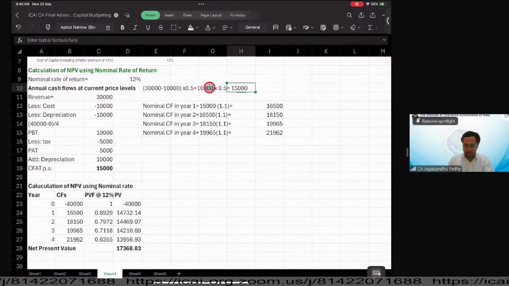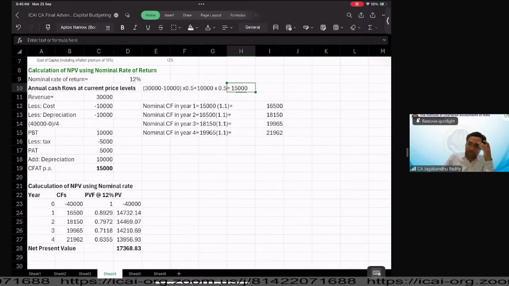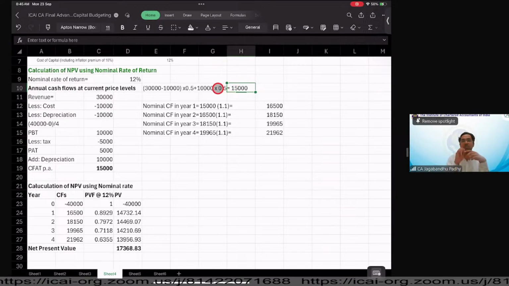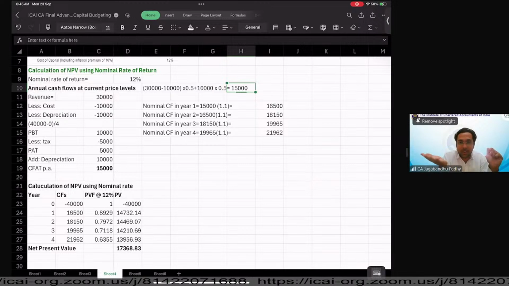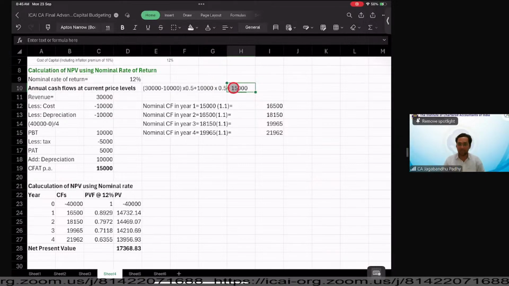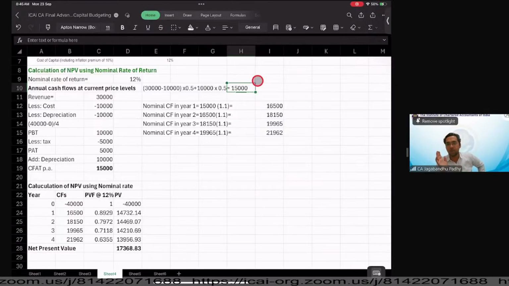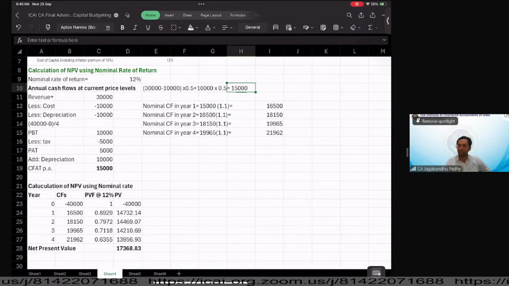But this component, 10,000 into 0.5, is it getting affected by inflation? The tax saving due to depreciation of 5,000, is that going to increase by inflation? No. But can I say we considered the entire 15,000 and compounded it with 1.1? I compounded it with 10% for every year increase. So can I say that was a mistake on my part?